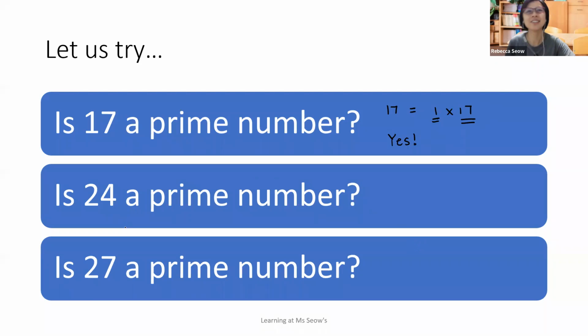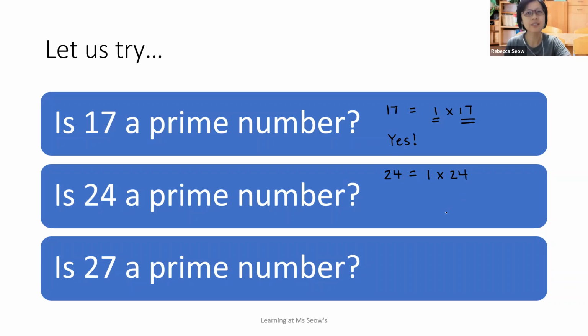Now, let's take a look at the second question. Is 24 a prime number? What comes to mind? Let's list out. 24 can be written as 1 times 24.